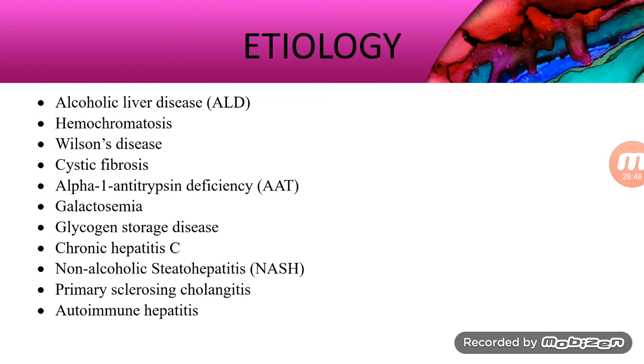Then autoimmune hepatitis. Autoimmune hepatitis is a type of hepatitis which occurs when the body's own immune system attacks the liver cells.